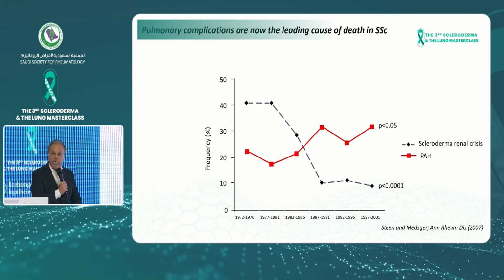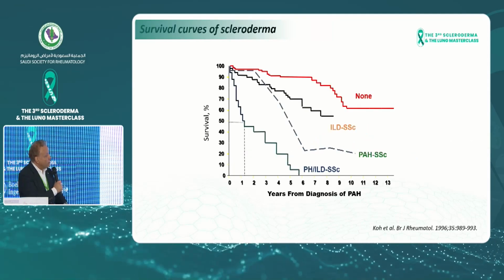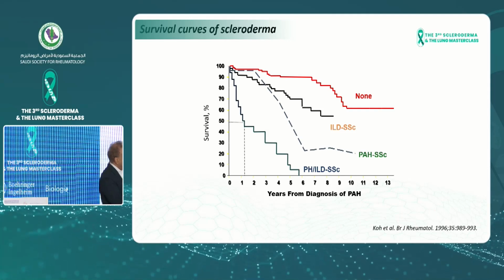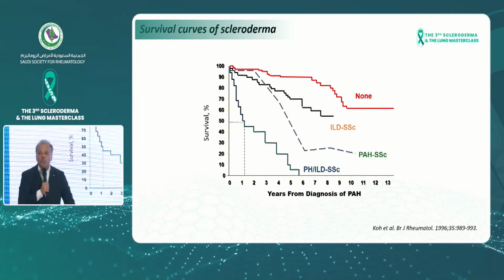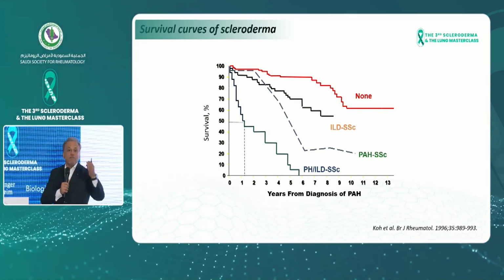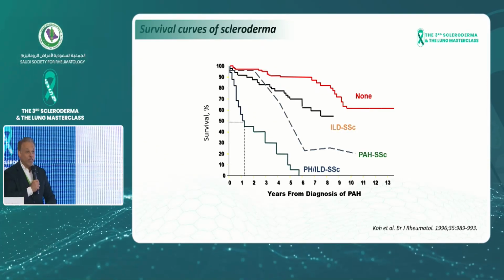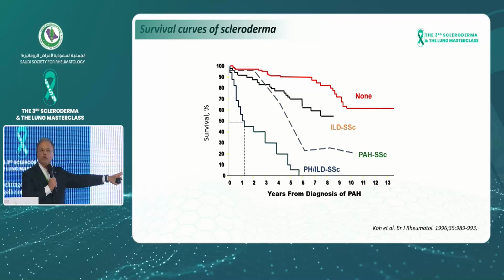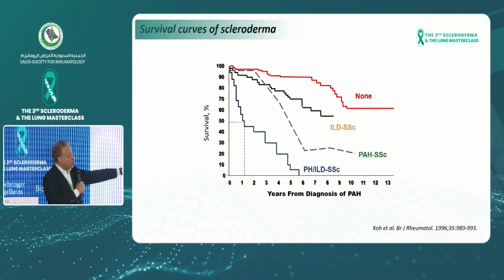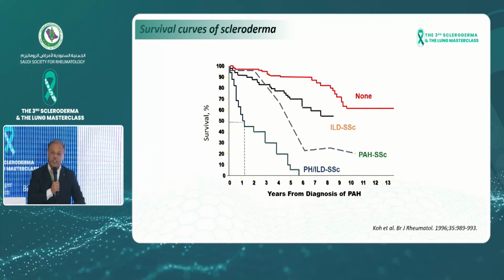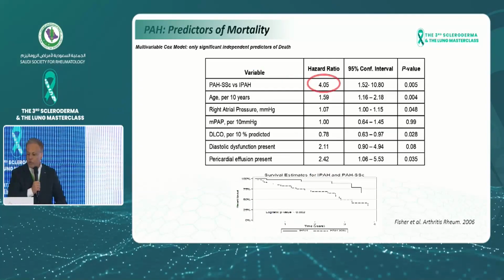What kills those patients is lung disease, and those are the ones that do the worst. Those are the ones who have ILD PH with scleroderma, and we left that to Dr. Raghda to cover, because those are the worst. But even those who have PH or those who have ILD scleroderma don't do very well either.